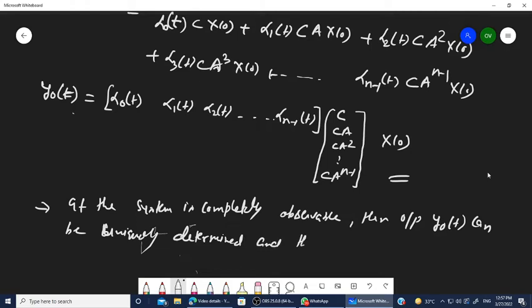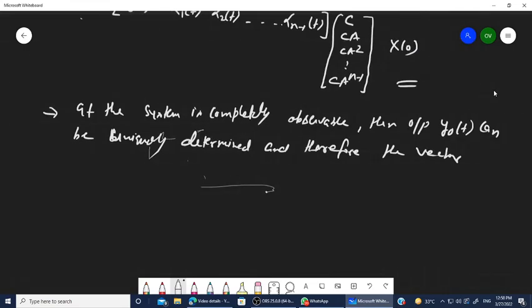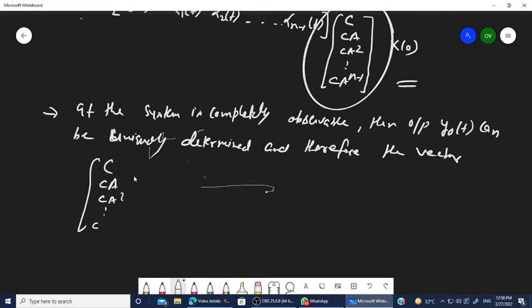And therefore the vector, which vector? This vector I am talking about, C, CA square up to CA to the power n minus 1, should be linearly independent.